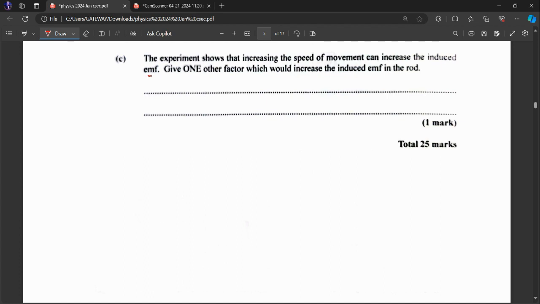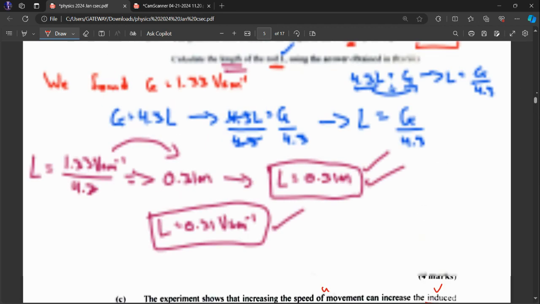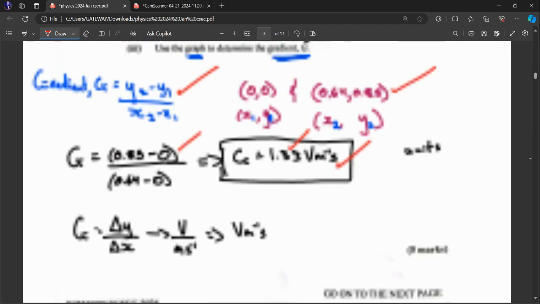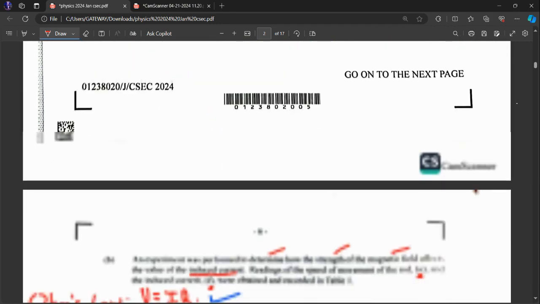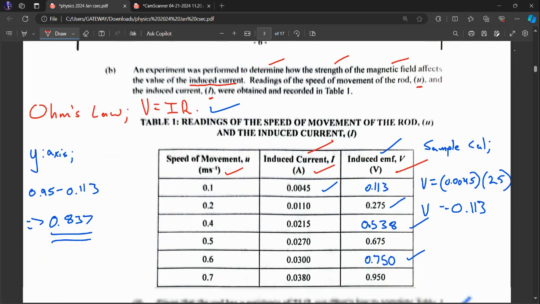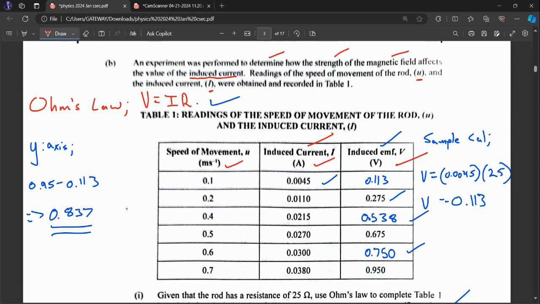So part C, the experiment shows that increasing the speed of movement can increase the induced EMF. Right, increasing U would increase V. Let me go back to the data here. We could clearly see that as U values increase, gets larger, coming down, coming down, the V values get larger as well.